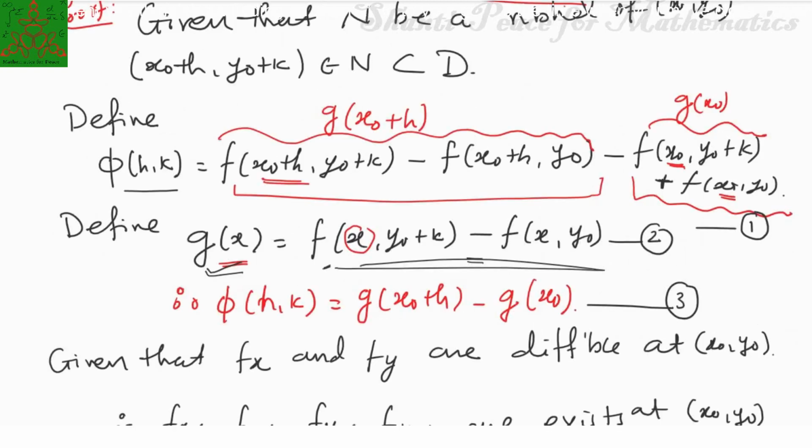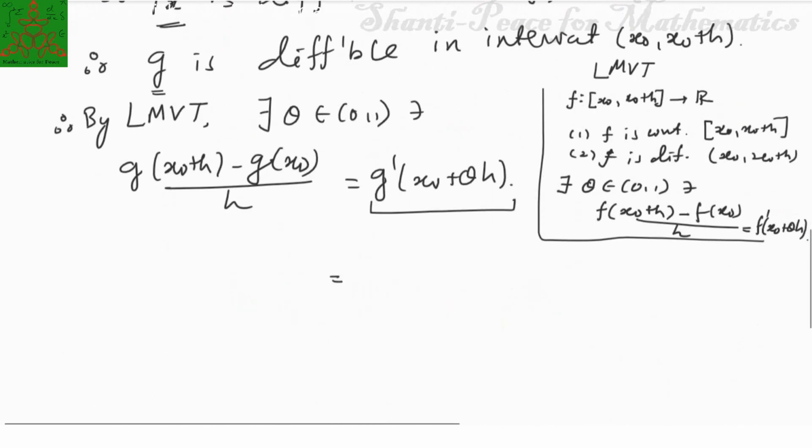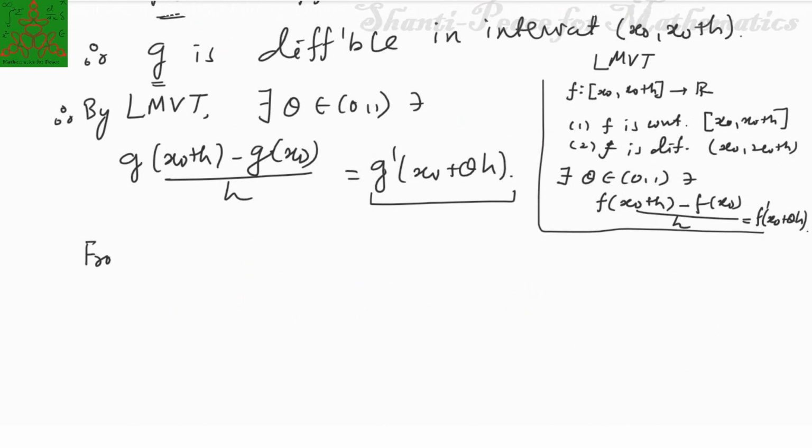Now what is this g dash of x0 plus theta h? Due to equation 2, what will be the derivative of this quantity with respect to x? From equation 2 we can write g of x is f of (x, y0 plus k) minus f of (x, y0).